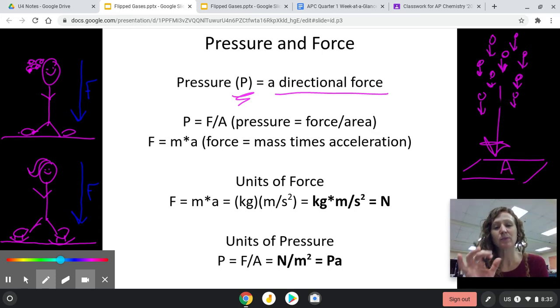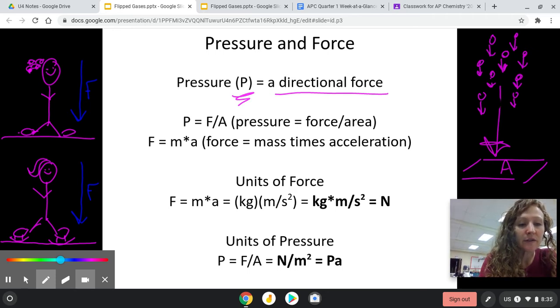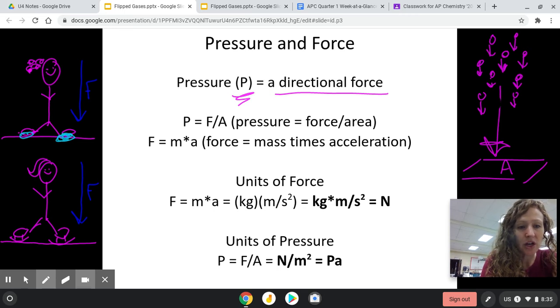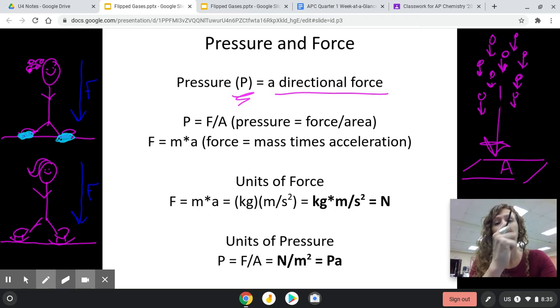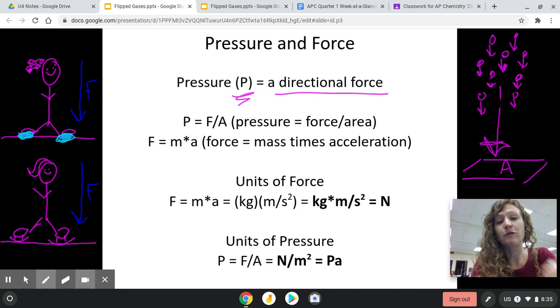So this force is being applied over a specific area. And the area of the first is the sole of the shoe. Okay, so there's a foot-shaped spot on the ice, and all of the force is being applied in that specific area. In the second one, there is not a foot-shaped spot on the ice.